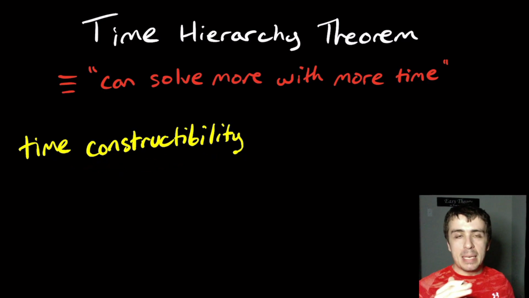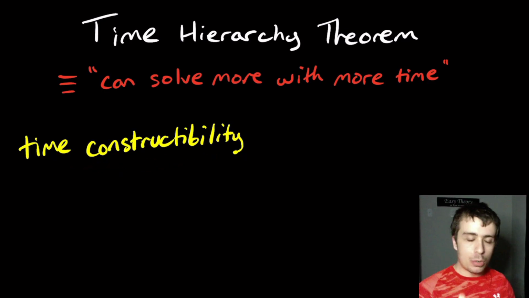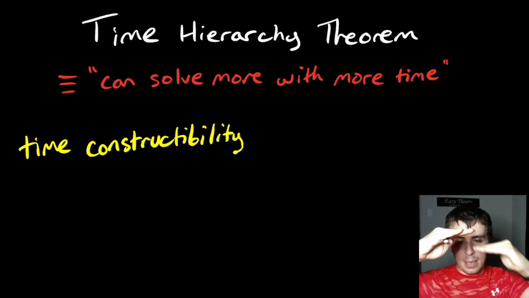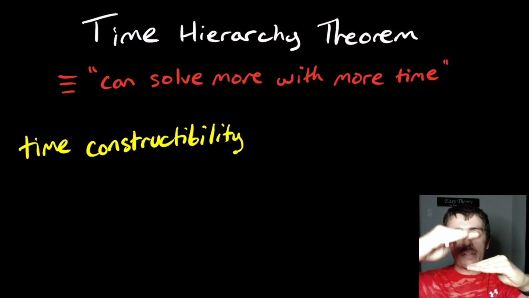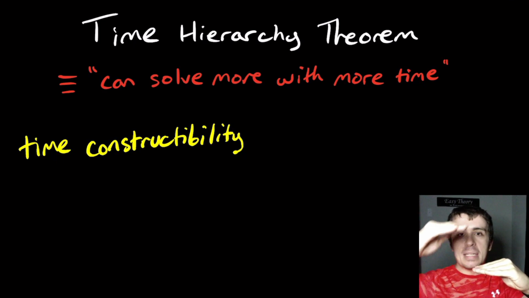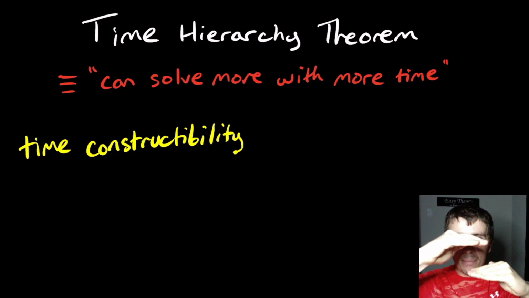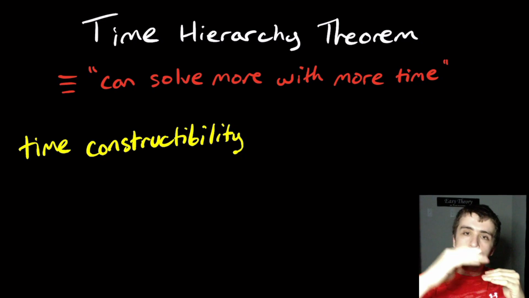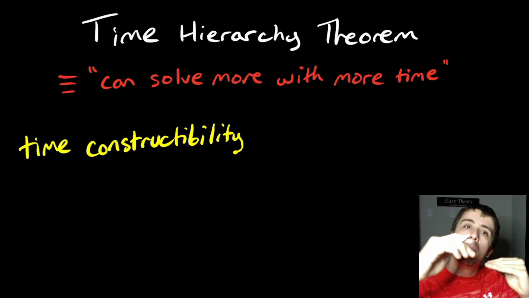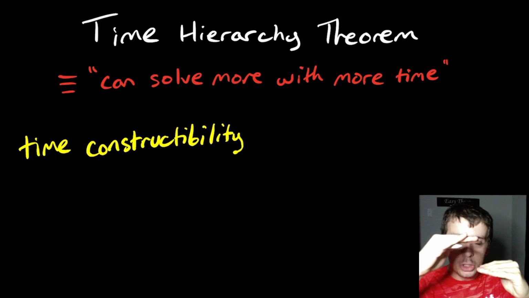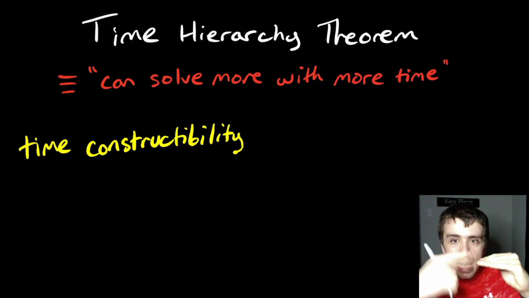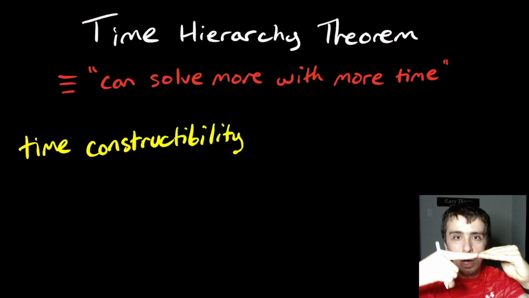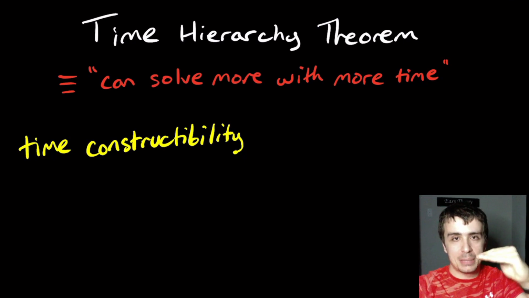We need this because we want to make sure that if we're going to show that a certain amount of runtime is different than more runtime, then that means I got to find some language that's in the more runtime and not in the less runtime. So how do you actually do that? Well, you got to make sure that it runs in that amount of time in the first place, the bigger guy. But it also differs, whatever machine you made for it, differs from every other machine that runs in the lower guy runtime or less.